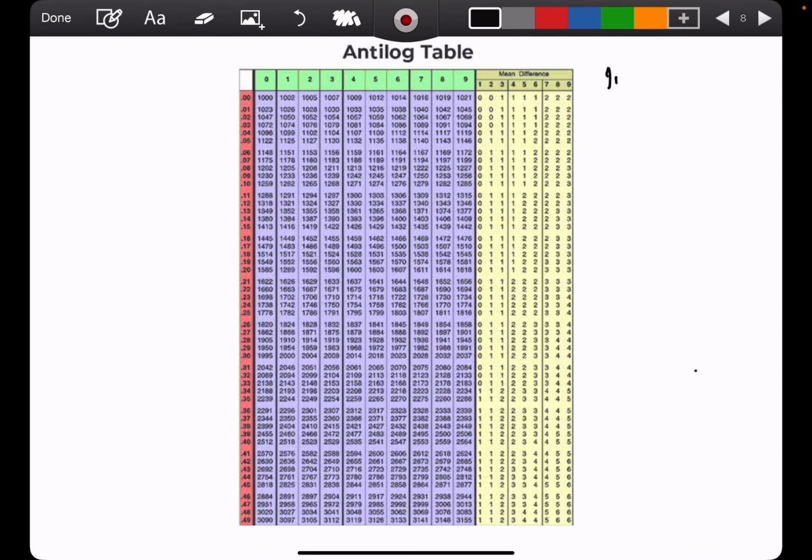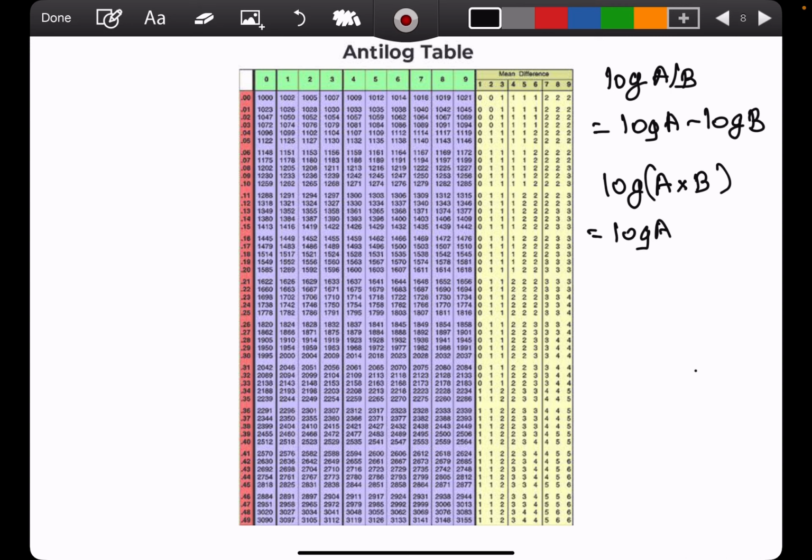Log of a by b is log of a minus log of b. Second, log of a into b is log of a plus log of b. And third, log of m raised to n is n log m.